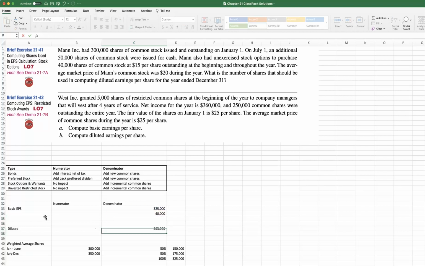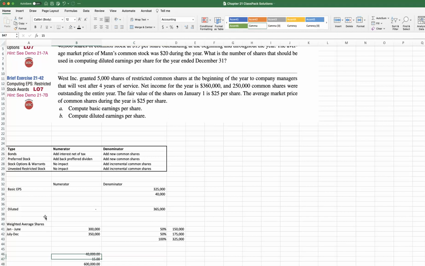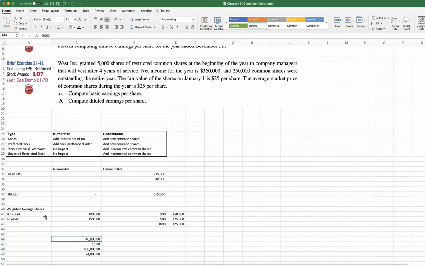Agree? But the treasury stock method says, hey, they're still giving you something. They're handing you $15 a share. And you should take that $15 a share and actually go back out to the market and buy some of the stock back. So if they came in to get their 40,000 shares at $15 a share, they would hand me $600,000.